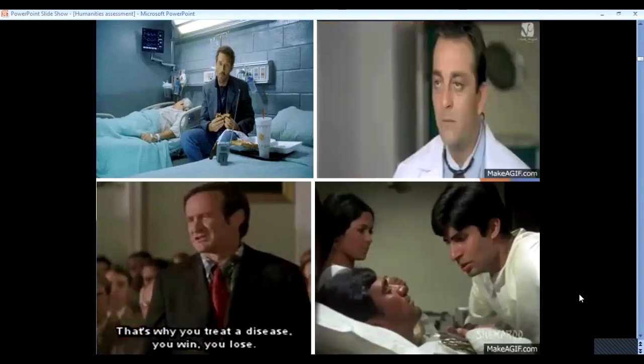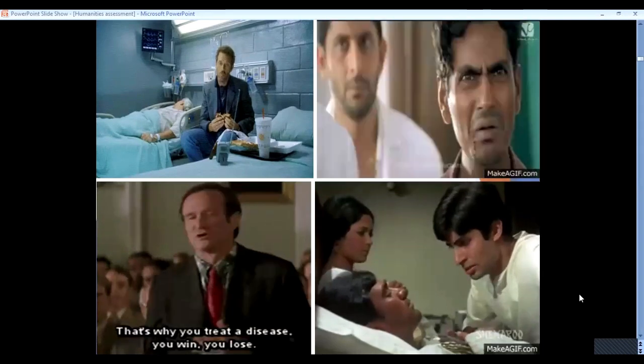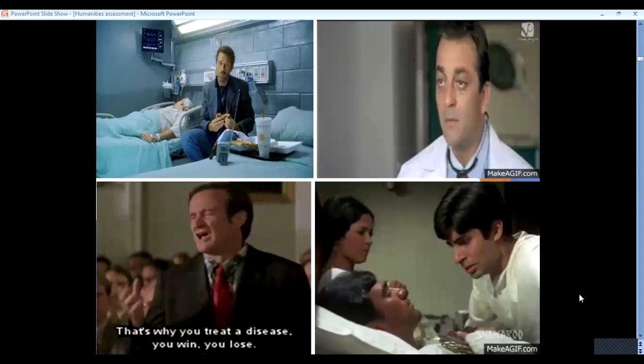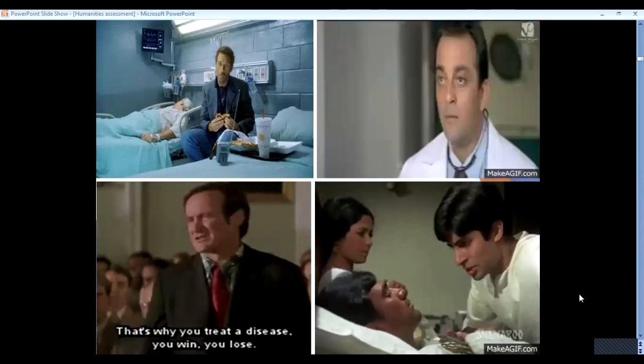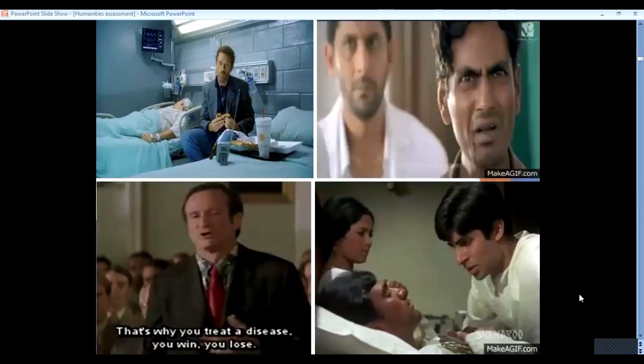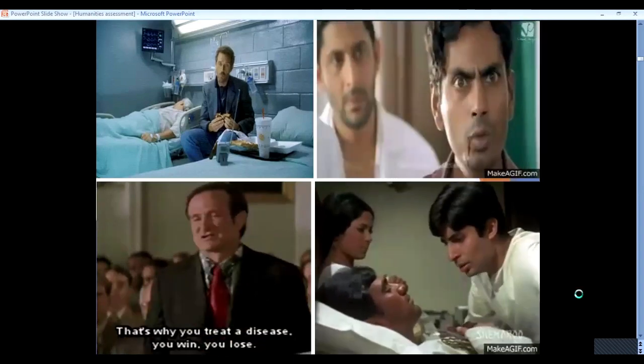Then we have the second one, where he's telling that if you treat a disease, you win or you lose. Then Munna Bhai MBBS, Anand. All these are classical examples where you can see different shades of a humanistic doctor or physician. Next one, please.